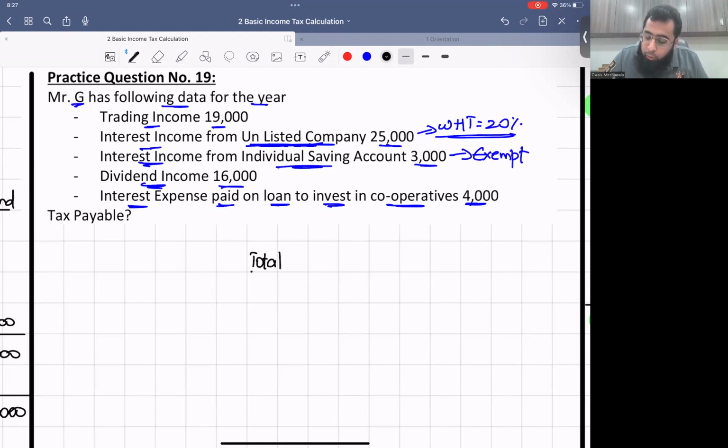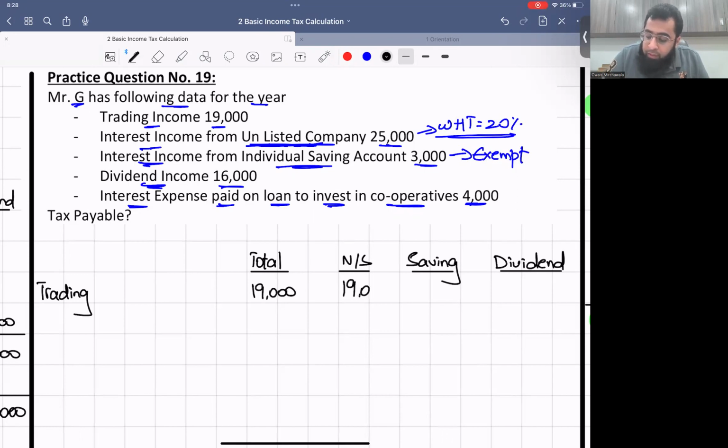Okay, let's start. I want you all to concentrate. One column will be total, then non-saving, saving, and dividend. Let's look at it carefully so that you can understand in a better manner. Trading income is 19,000. I'll put it in the column of total and the classification will be in the head of non-saving. Then we have interest income from unlisted company.